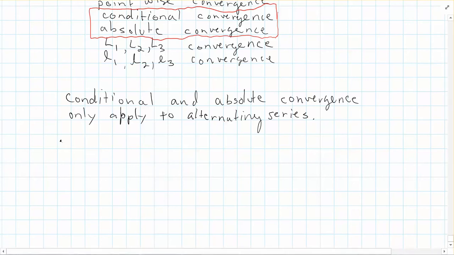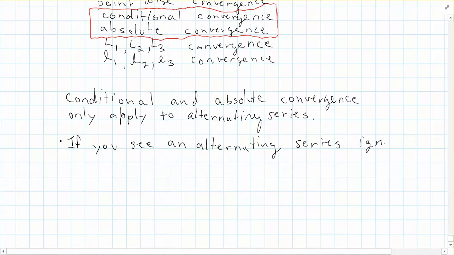So if you see an alternating series, ignore all of our other tests.